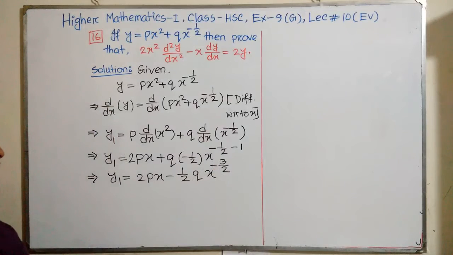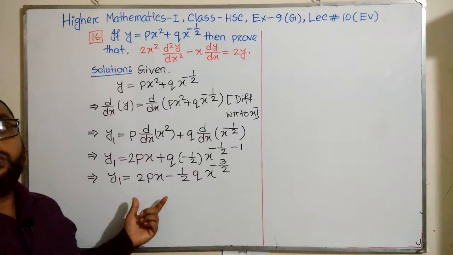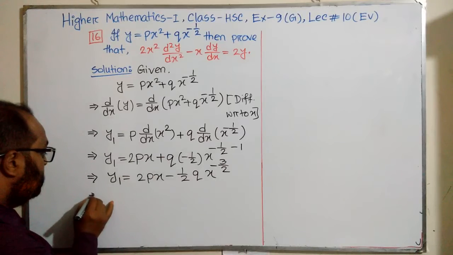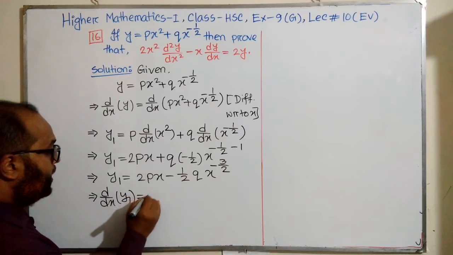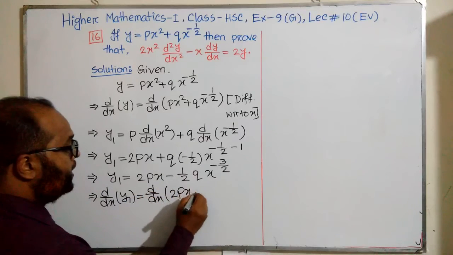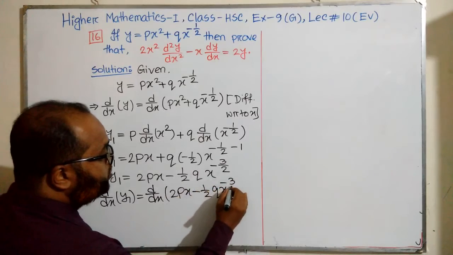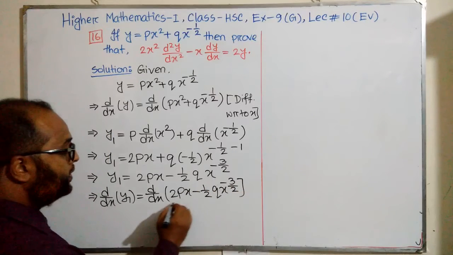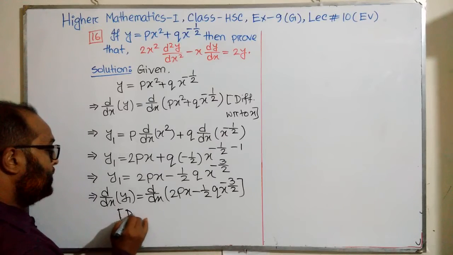Now we have to differentiate this equation again with respect to x, or d/dx of y1 equal d/dx of 2px minus half q x power minus 3 by 2. Differentiate both sides with respect to x.